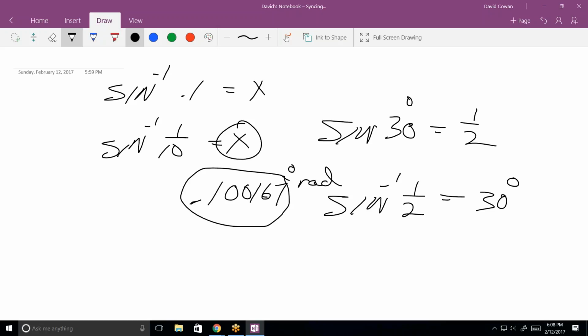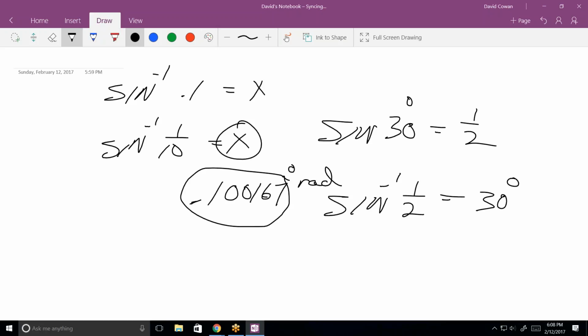Let me make sure I get the same thing. The inverse sine of 0.1. Now, see, I get 5.7 degrees, which is probably 0.1 radians. Not sure what's going on.